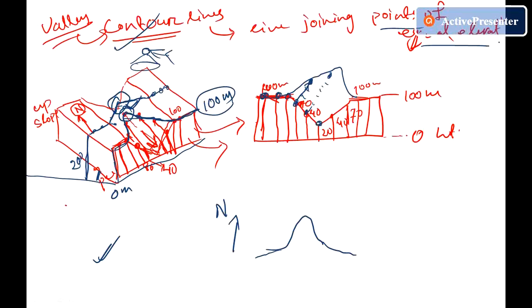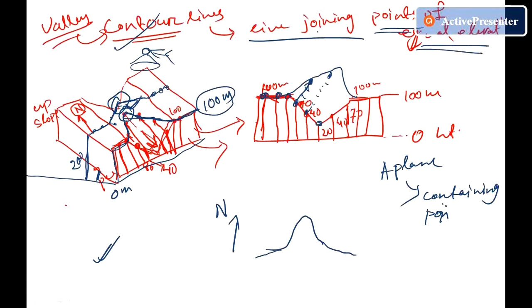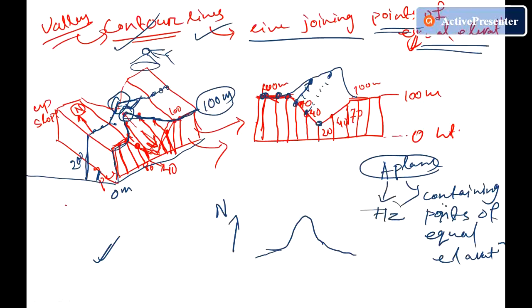When you are joining points of equal elevation, if you imagine a plane which is containing points, the line joining points of equal elevation is a contour line. If you imagine a plane which is containing these points of equal elevation, that means that plane is horizontal.